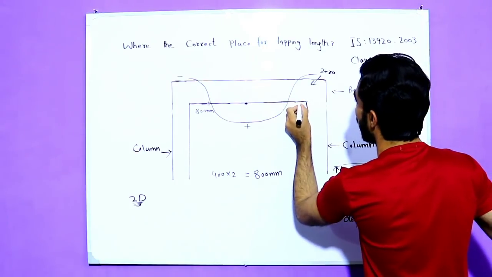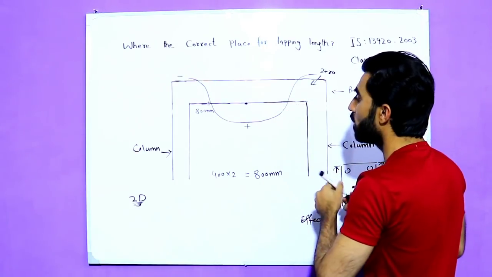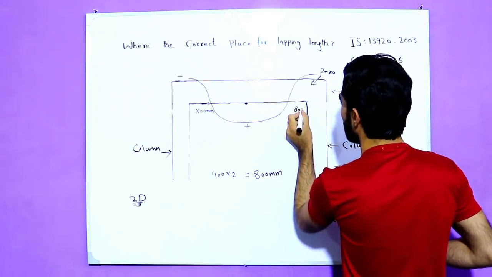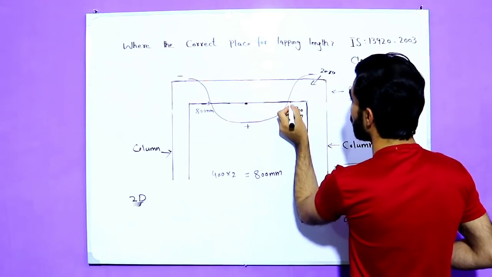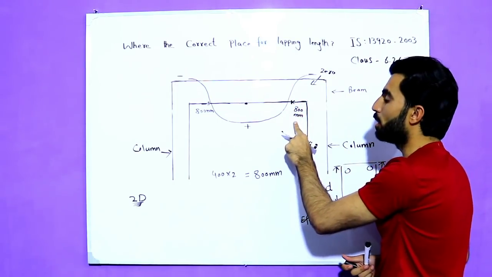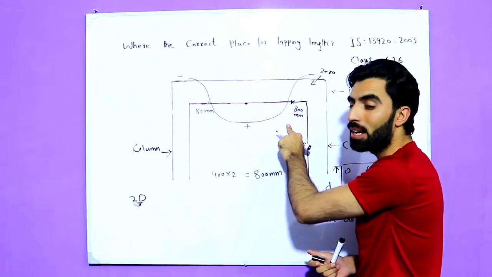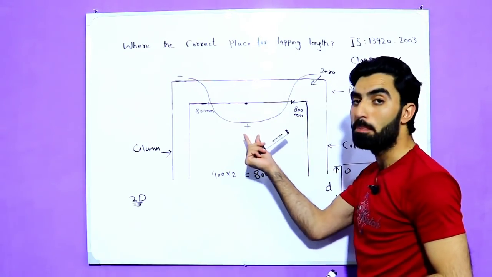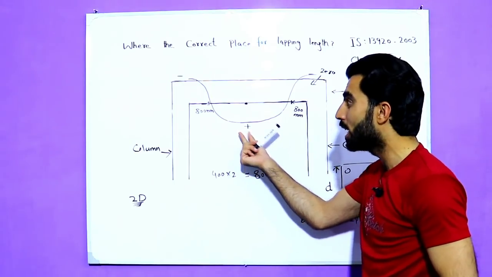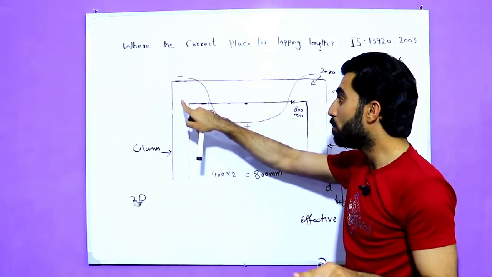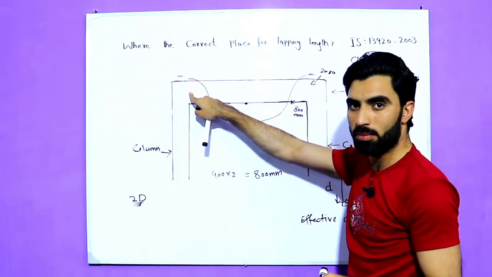Also we will not provide it within the distance of 800 millimeters. But after this distance, after 800 millimeters, we can provide lapping length, but not at the mid, because bending moment is maximum at the mid, and minimum, or 0, at the end of the supports. Okay, because there are shear stresses.